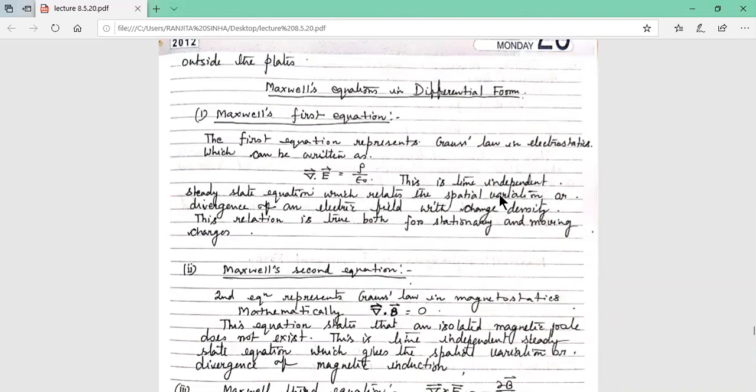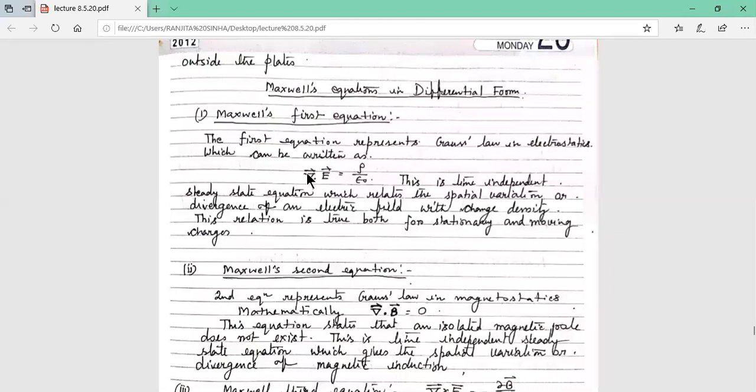Now this is the time independent steady state equation which relates the spatial variation or divergence of an electric field. You can see divergence of E, where del is I hat del del x plus j hat del del y plus k hat del del z.